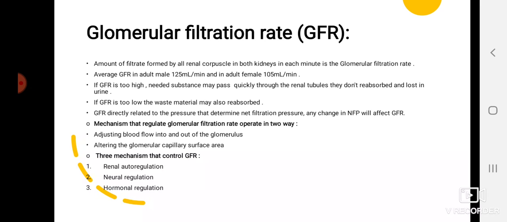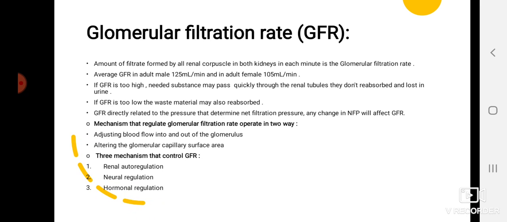We discuss this contraction in the next slide. So you can just listen to this paragraph so you understand the next slides. If the afferent arteriole contracts, there is a decrease in the flow of blood into the glomerulus.